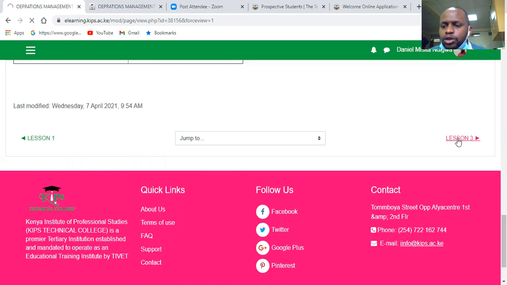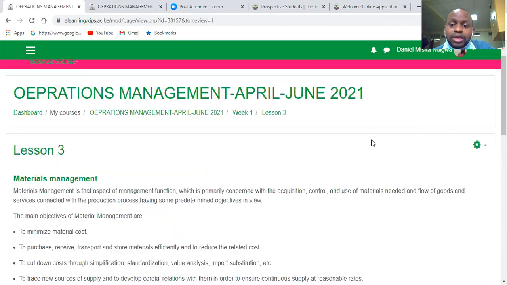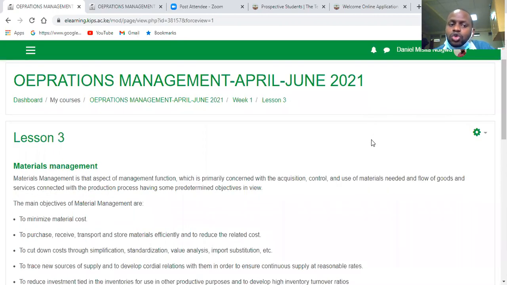Then lesson three, we talked about material management. You cannot talk about operations management without talking about material management. This is a management function, which primarily concerns acquisition, control, and use of materials that are needed by the organization.